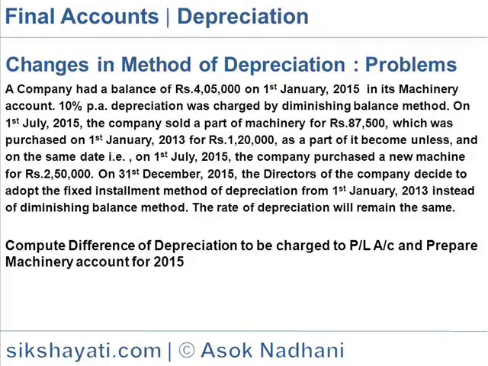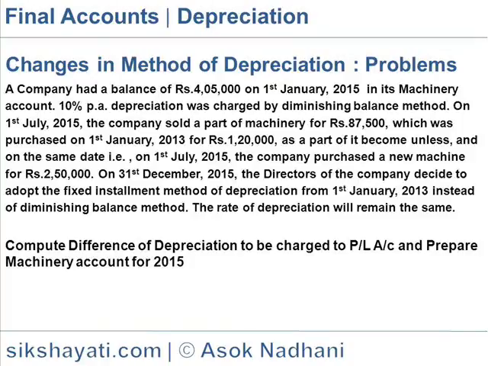Computation of WDV as on 1/7/15 and profit or loss on sale of machinery. Cost of machinery as on 1st January 13 is 1,20,000 minus depreciation at the rate of 10% for 2013, which is equal to 12,000. So WDV as on 31st December 13 is 1,08,000, that is 1,20,000 minus 12,000.